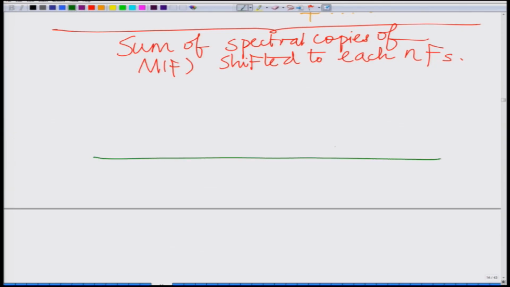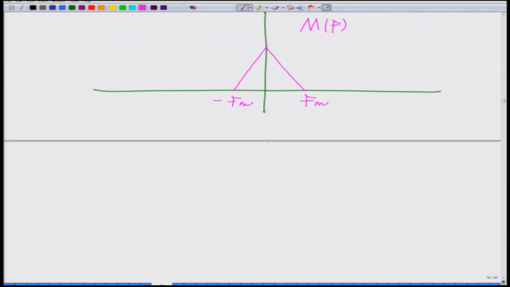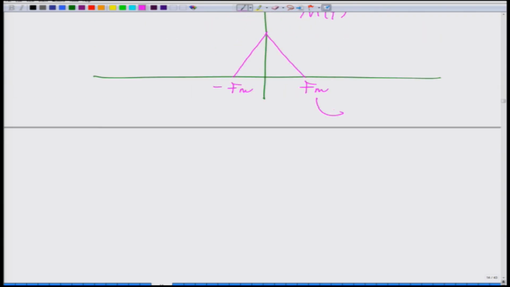If you look at it in the frequency domain, what we have is your original spectrum, that is M(f), which has maximum frequency Fm, let us say, that is from minus Fm to Fm, that is its support, or where it is non-zero is from minus Fm to Fm, the maximum frequency is Fm.